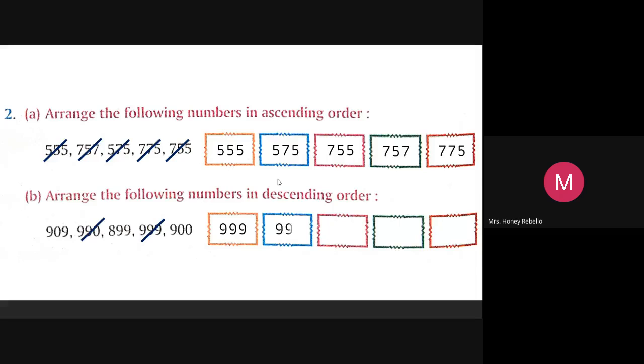Very good. Have you done this in your textbook? Yes, ma'am. Very good, children. Those who have done, you will get full mark. Now, next number. 909, ma'am. Very good. Next. 900, ma'am.